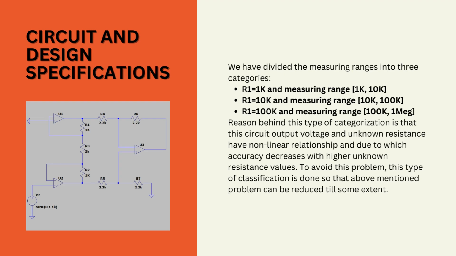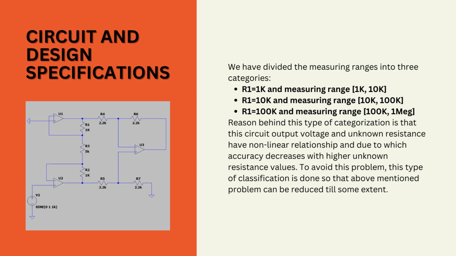Let's say we are fixing R1 for a given measuring range. We expect the output voltage amplitude to lie between 1.2 and 3 volts. That is the result of this type of classification.